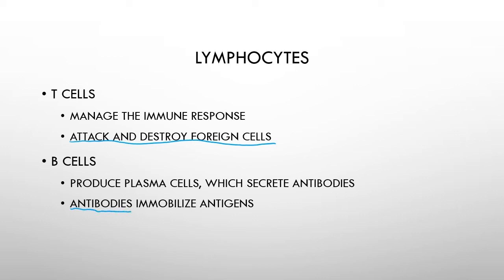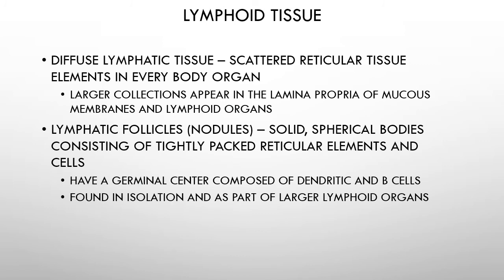They create antibodies by producing plasma cells, and those plasma cells will then produce all the antibodies. The antibodies can then grab onto the antigens and present those antigens over to our T cells and to macrophages, to be able to destroy those particular offenders that we may have in the body itself.